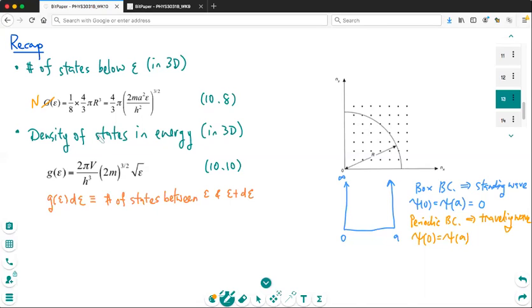So this is an important interpretation. In my note last time, you can look at it again, I call this dN, the differential of N. This is a number in the differential increment of energy.